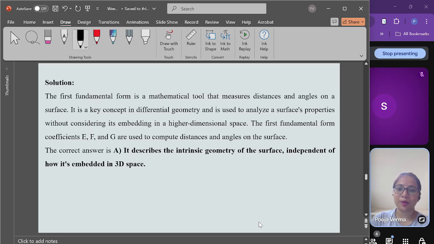So the first fundamental form coefficients, that is E, F and G, are used to compute distances and angles on the surface. Basically it describes the intrinsic geometry of the surface, independent of how it's embedded in 3D space.